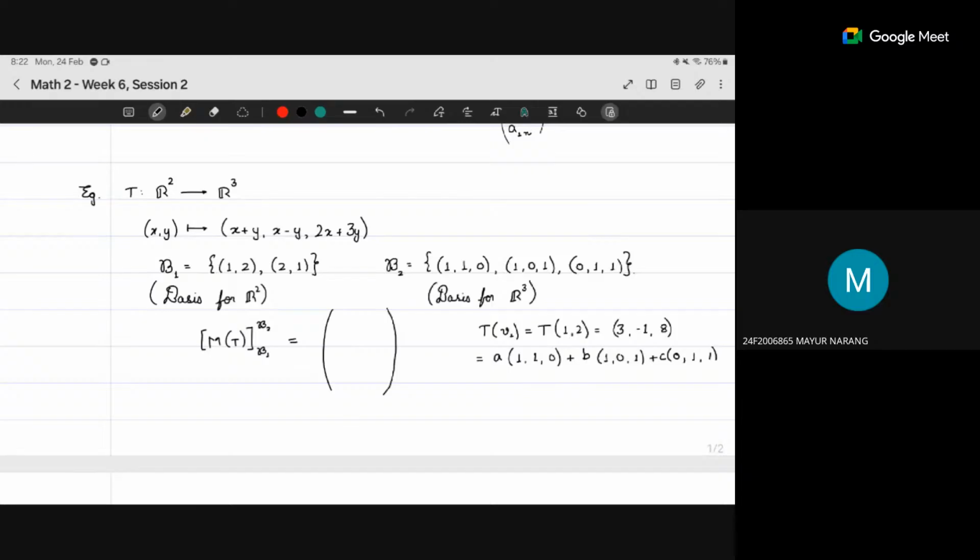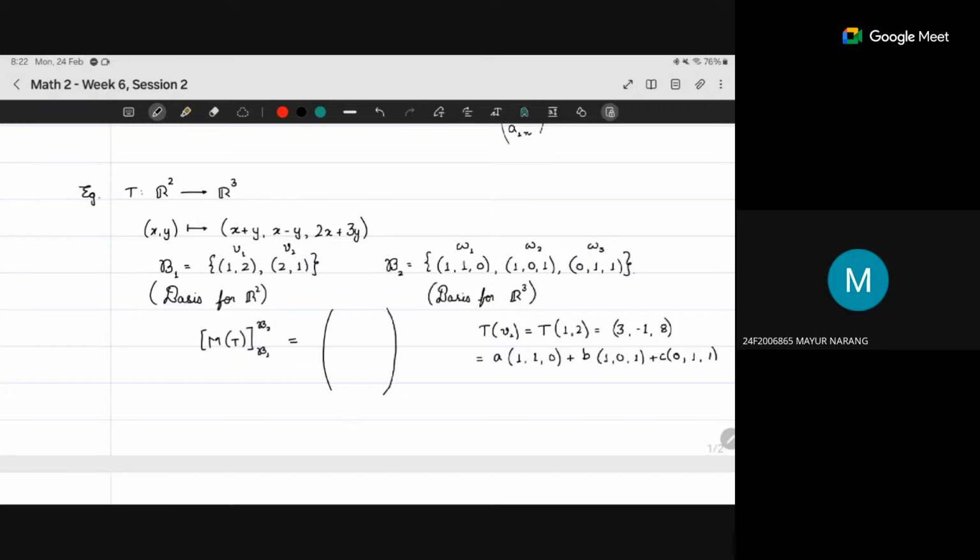The transformation is from R2 to R3, so you input a vector of R2 and you get a vector of R3. Now you look at the first basis vector. This is what I'm calling V1 and V2, from the earlier description that I gave you.